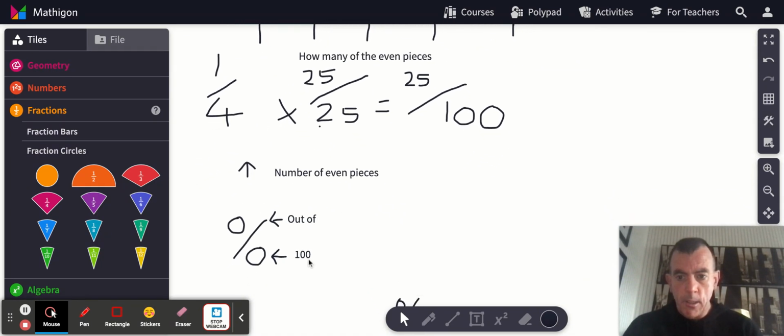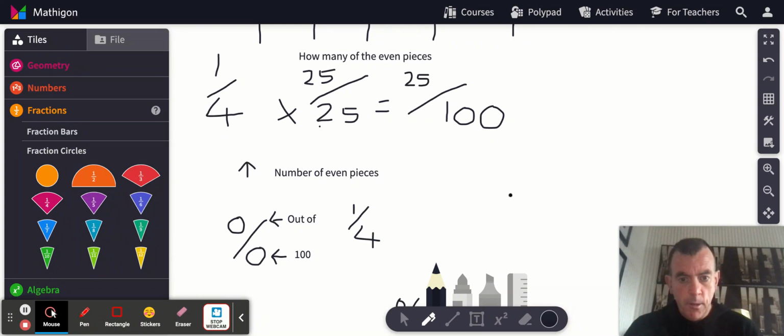Now let's look at percentages. So we just need to remember that the percentage sign, that line there, it means out of, and the 2 zeros mean 100. So it's out of 100. So we've got our fraction 1/4, and we need to convert that fraction to something out of 100. So we've already done that.